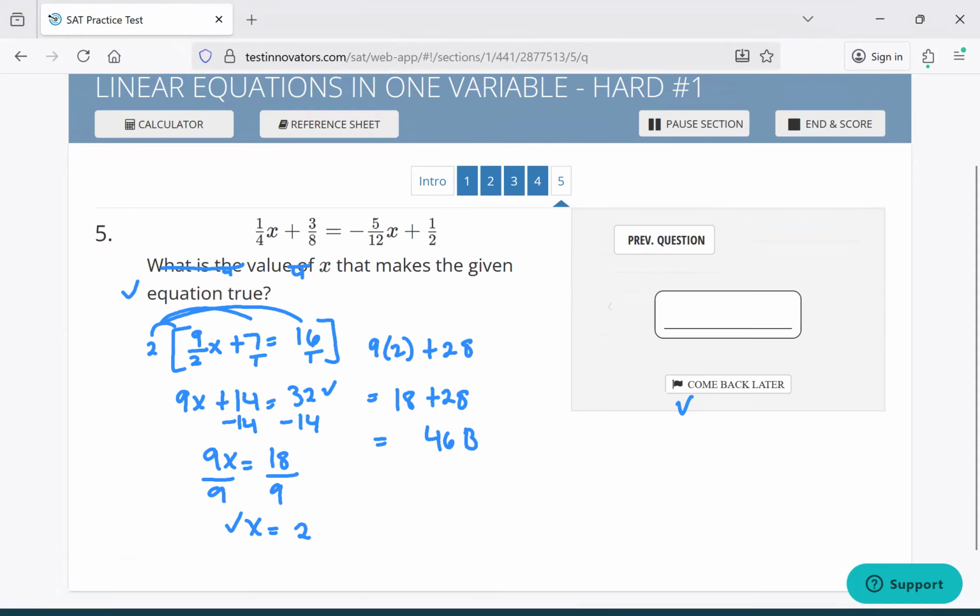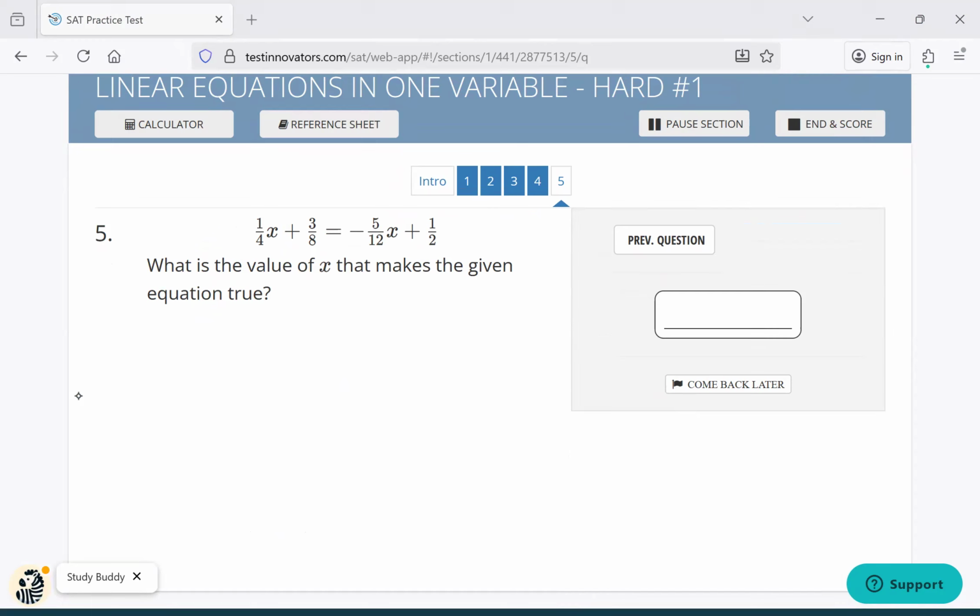Okay, next question. Question 5 says, what is the value of x that makes the given equation true? So basically, they want you to solve for x, right?